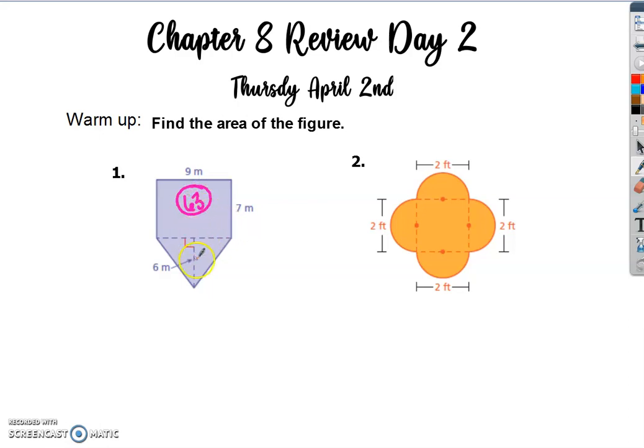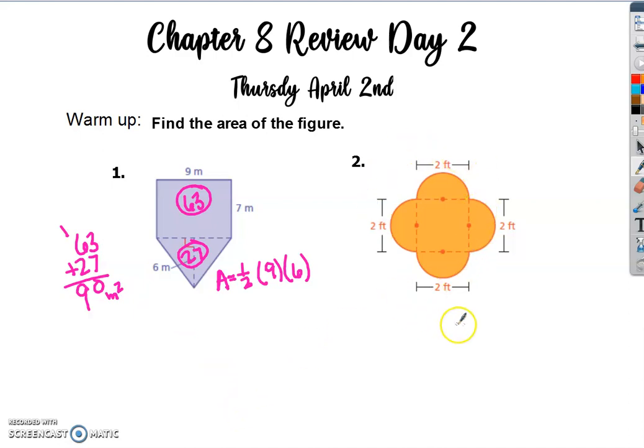Then the area of the triangle is A equals 1/2 base times height. Half of 6 is 3, and 3 times 9 is 27. Now that I have all of my parts, I can add up the parts together. 90 meters squared.